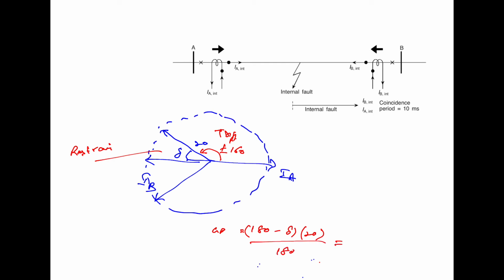So it is 2.22 milliseconds. So in this case the Cp is 2.22 milliseconds, and here also Cp we will get 2.22 milliseconds, so for a phase shift of plus minus 160 degrees.